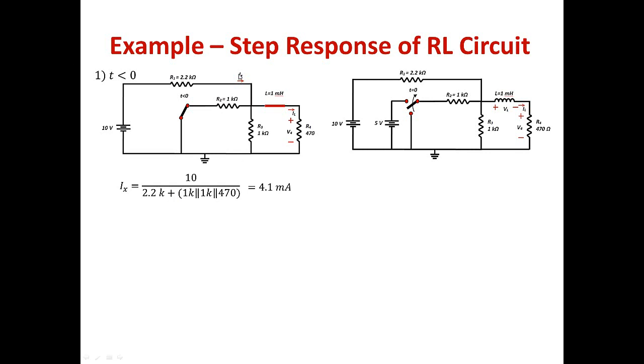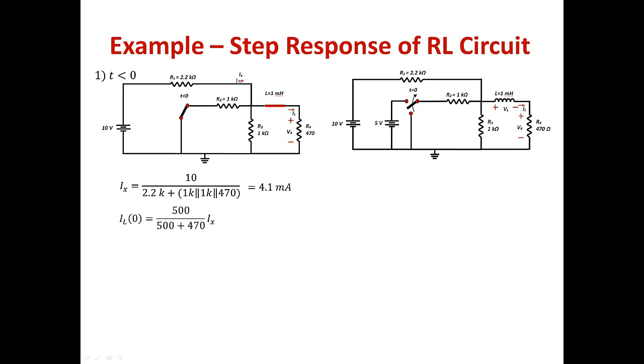Now I solved for Ix, and I know those two resistors are in parallel. So 1K in parallel with 1K is 500 ohms. Those two are going to be replaced with a 500 ohm resistor. Then I can tell you that IL will equal, using current divider, the opposite resistance over the sum times the total current.